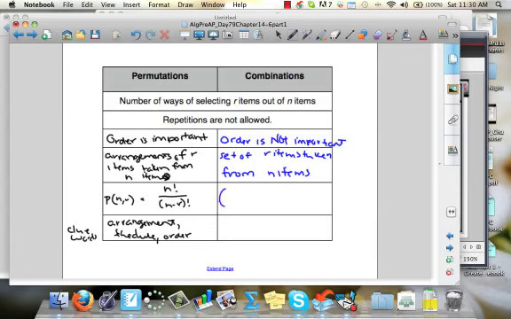And a combination of N items taken R at a time, N items and taking R of them, is N factorial over N minus R factorial times R factorial. And the clue words that would help you know if it's a combination are taking a group of something, a committee, a sample, or a selection. Any of these would mean that you don't care what order you pick them in.